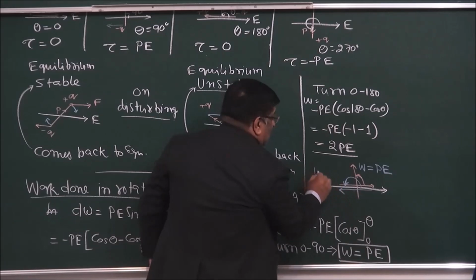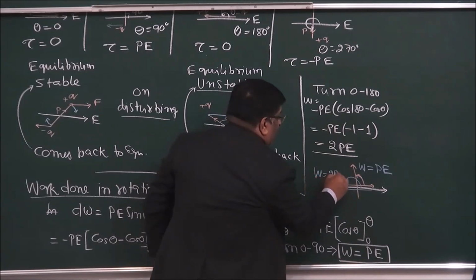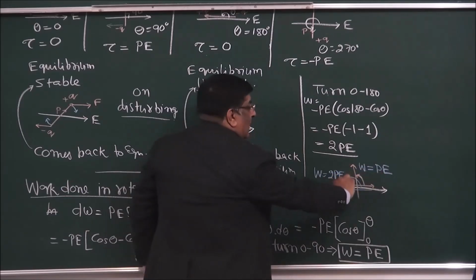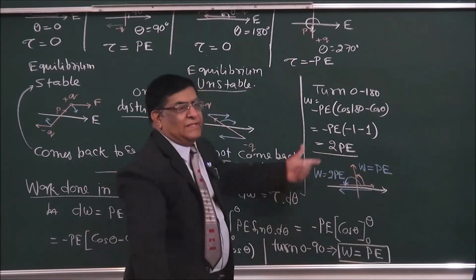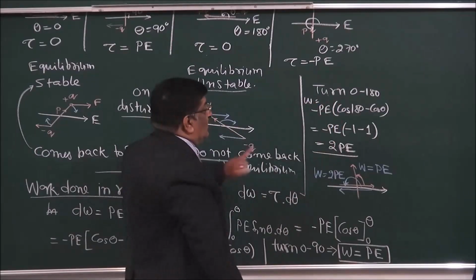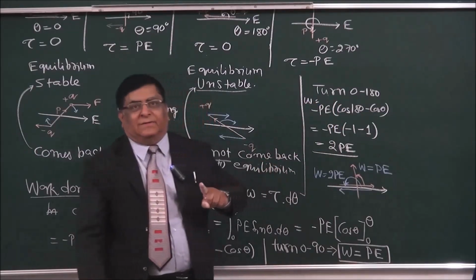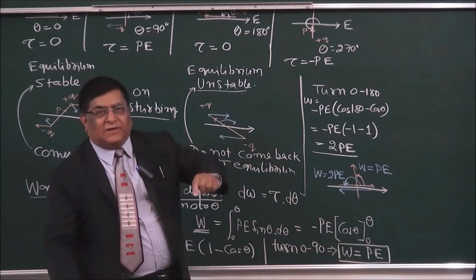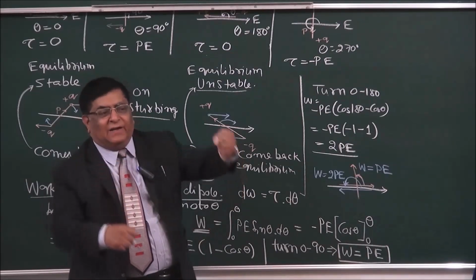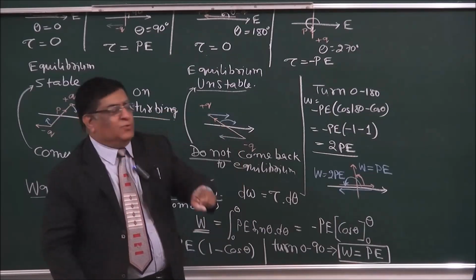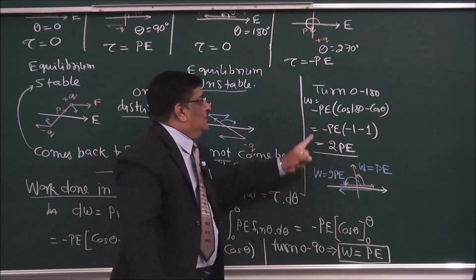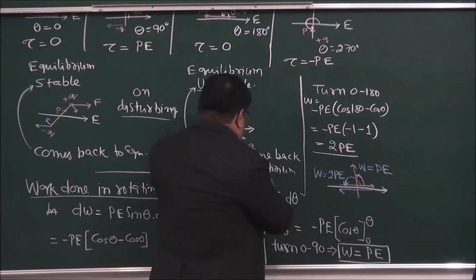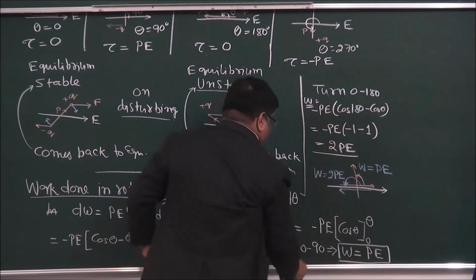In this case, work done is equal to 2PE, and it is very logical. 90 degree, PE; 180 degree, 2PE. Please remember this. So this is the work done. This is not potential energy. Please remember, we start from a certain condition and we turn it. We have to do certain work, and these are measurements of the work done.